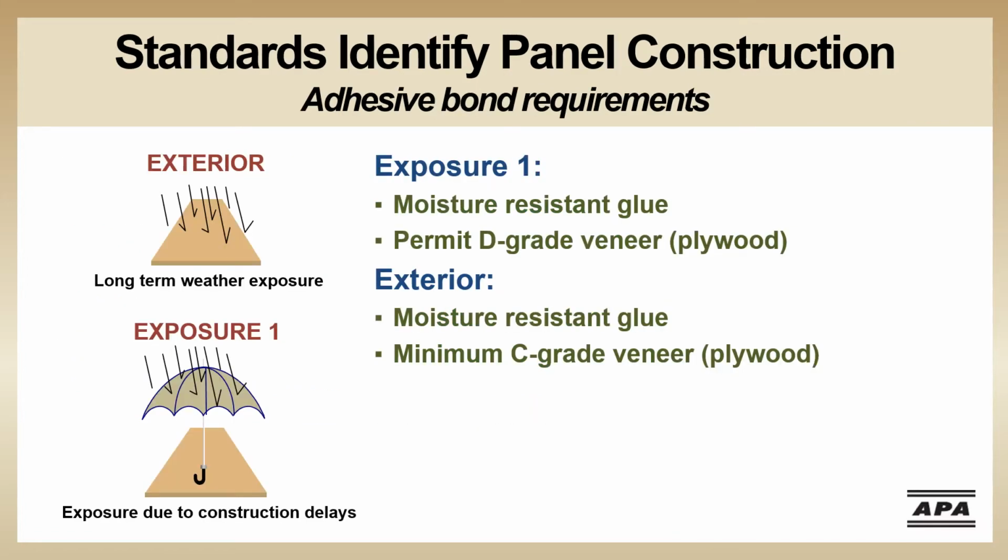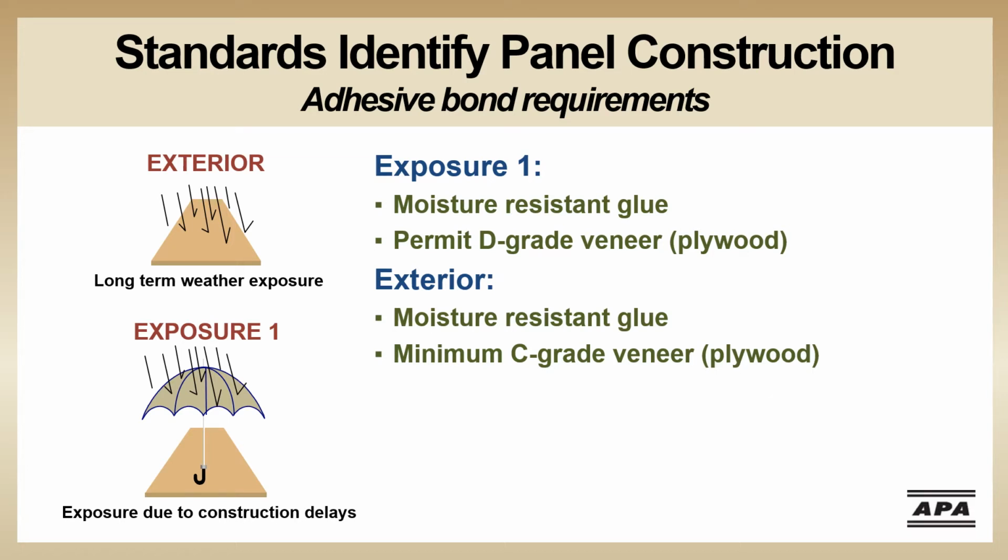So let's talk about bond classification. Exterior panels have bonds capable of withstanding permanent exposure to weather or other conditions of similar severity. Exposure 1 panels are suitable for uses not permanently exposed to weather.